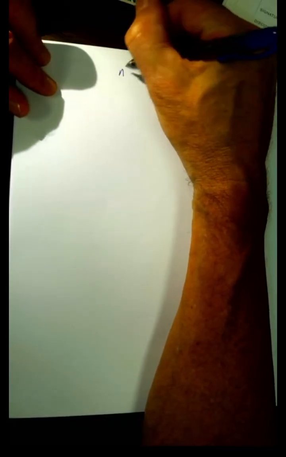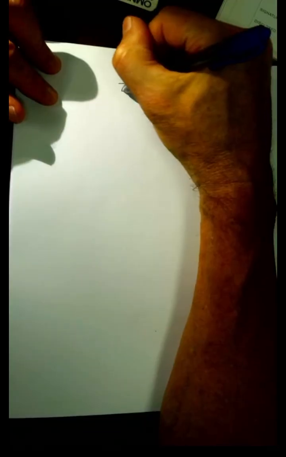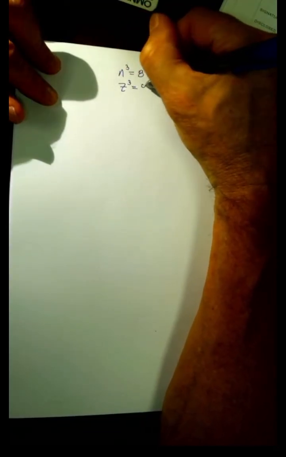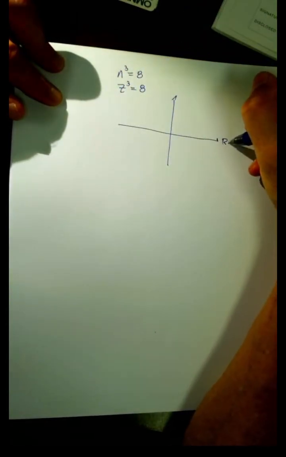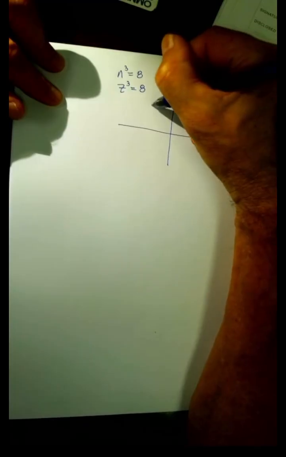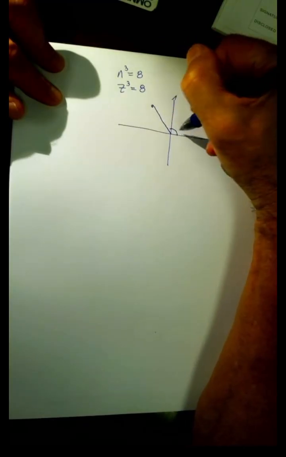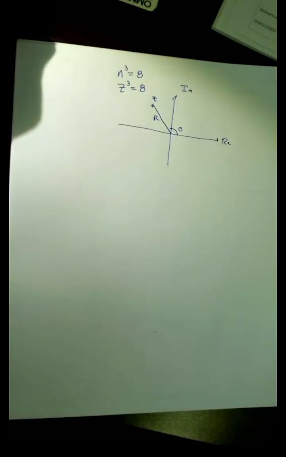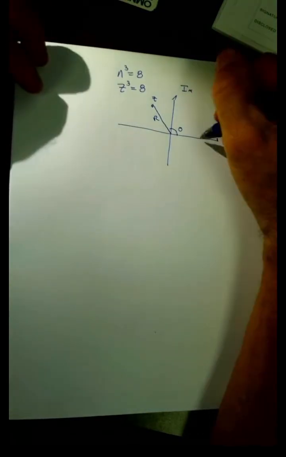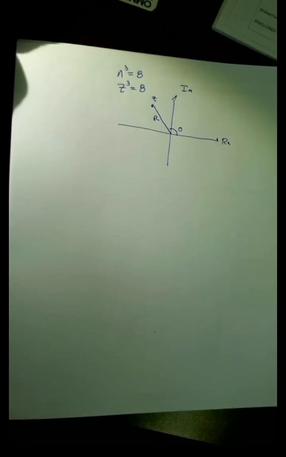So what does that mean then? Where are we? We started off with saying n cubed equals 8. I'm now talking about complex numbers. And if we call this z cubed instead, I am looking for a number in the complex plane that's some distance r from the origin and some angle away from the positive real axis.